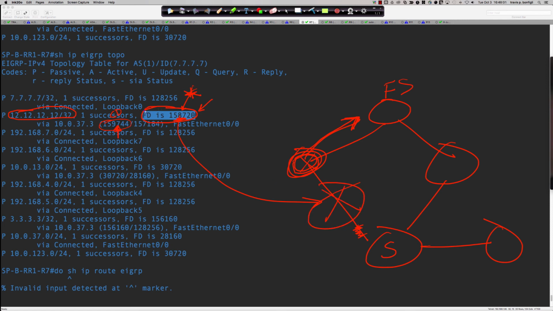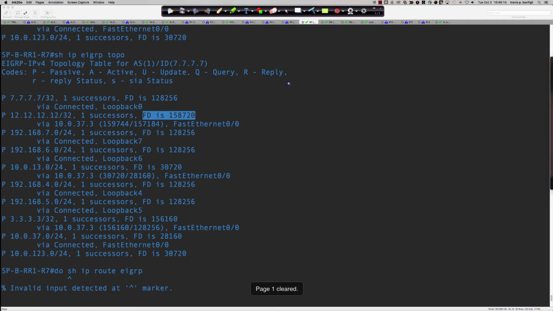And that's why EIGRP computes the feasible distance. That's why it holds on to this value. And that is why this is not the feasible distance. And so again, you're probably not going to see this on the CCNA.